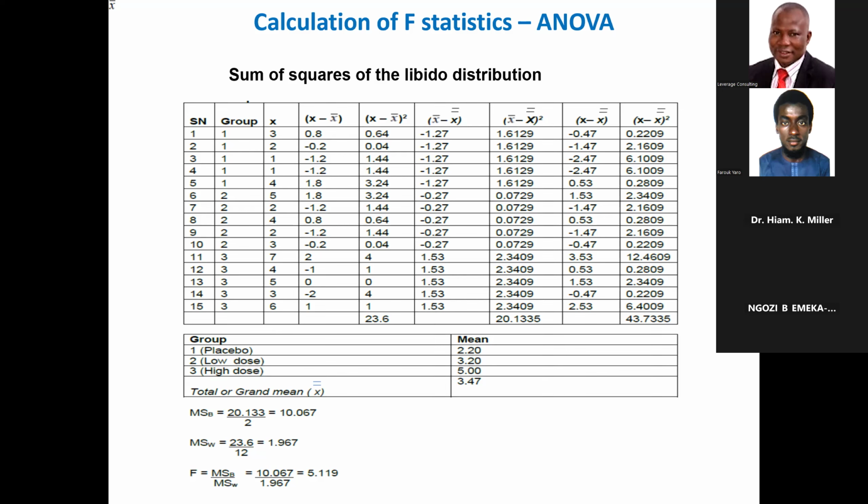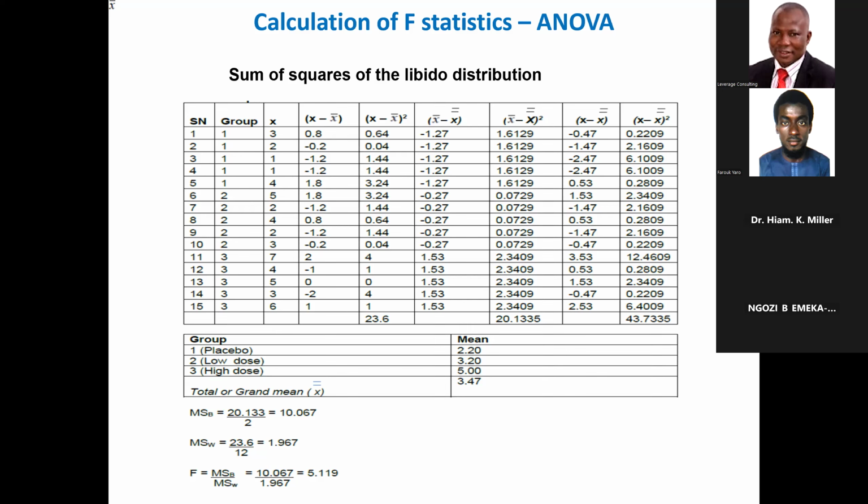That is the inherent variability. But the second one, sum of square between, is the variability between groups. That is the systematic one you are looking for. This last one is just the total variability.